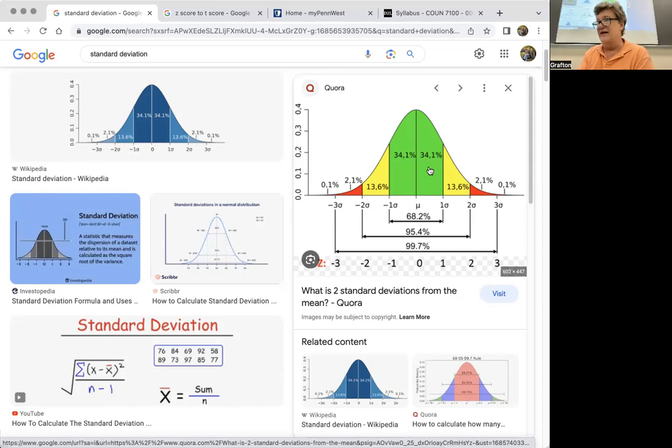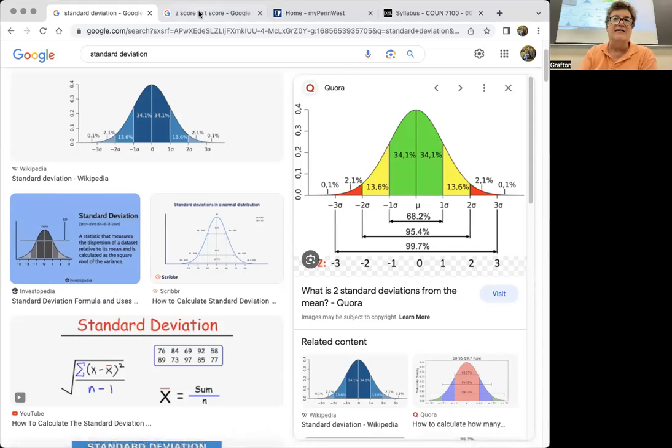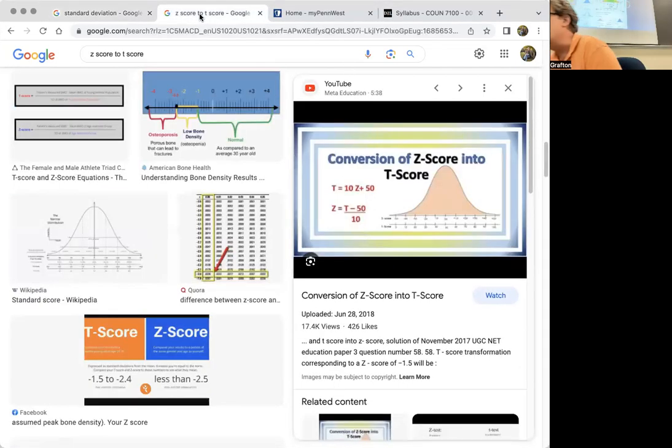All right, let's look at t-scores and z-scores. I can get into how to use t-scores and z-scores in a study and why, but they're never going to ask you that.